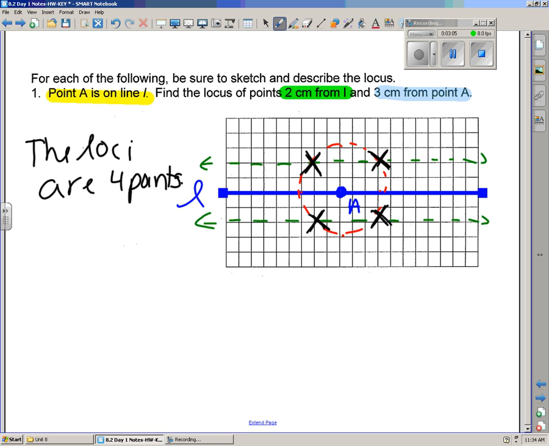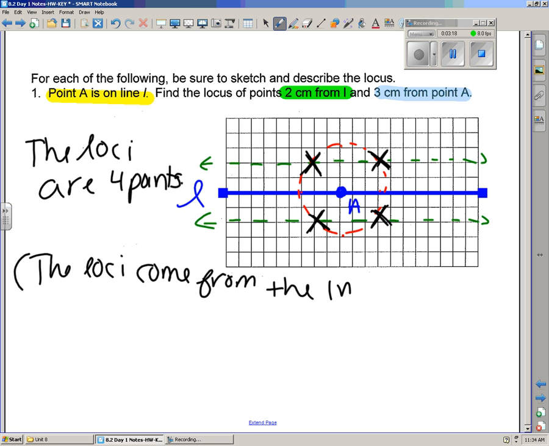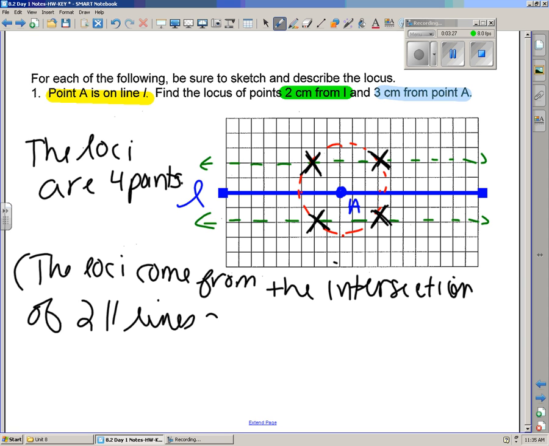This is enough for the answer, but I would like you to extend this a little bit, and say the loci come from the intersection of 2 parallel lines and a circle.